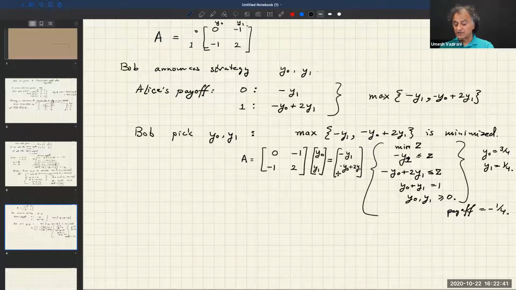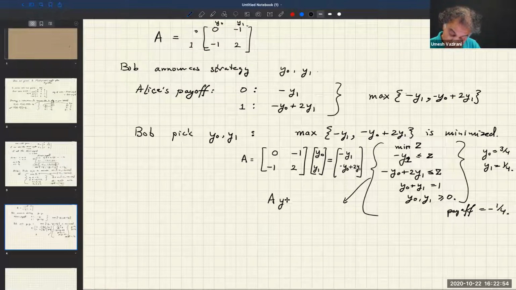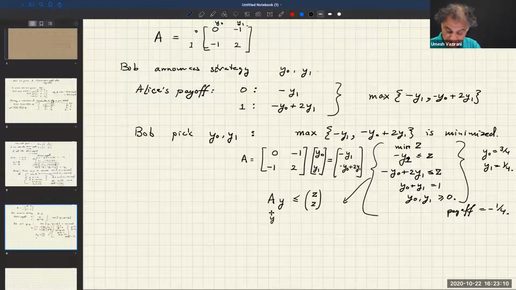So another way you could write out this linear program is you want to say A times Y is less than or equal to Z. And Y0 plus Y1 equals 1.